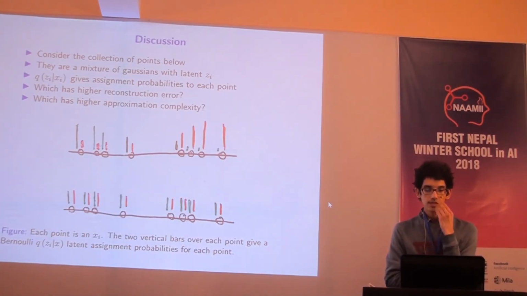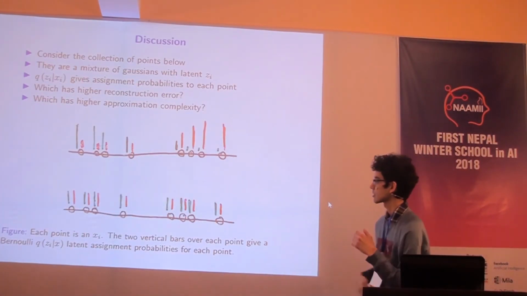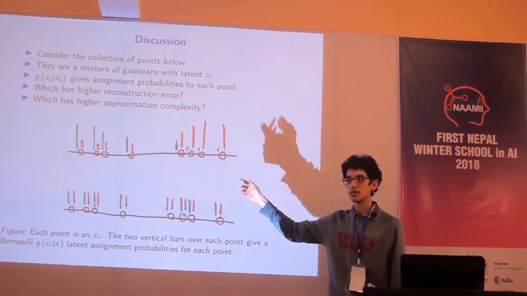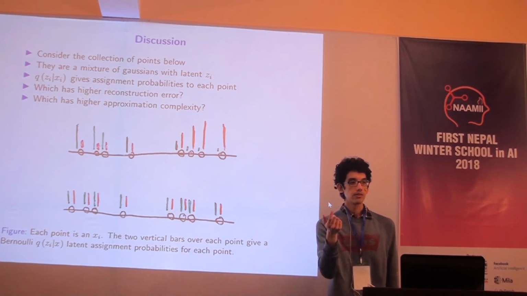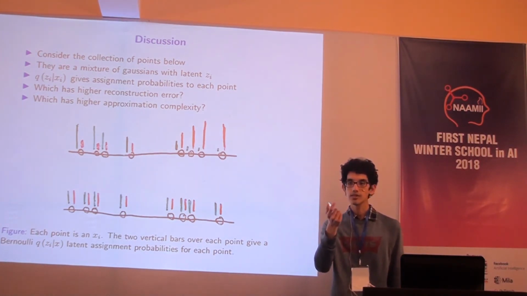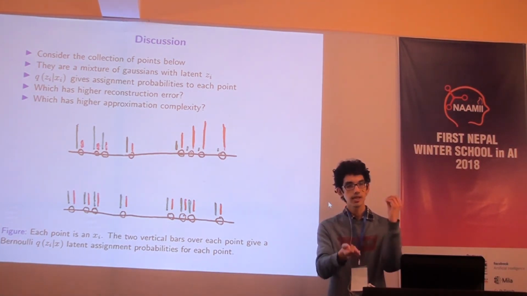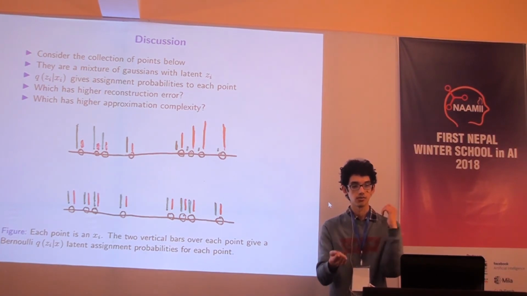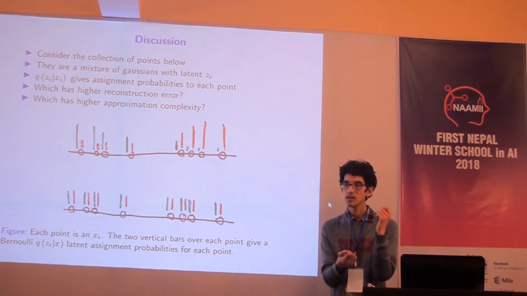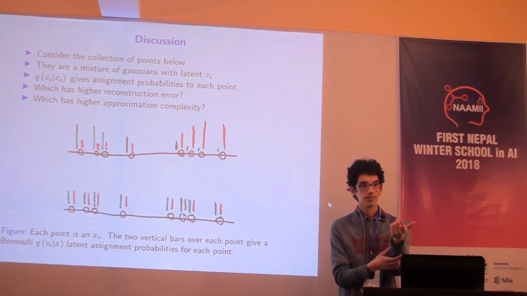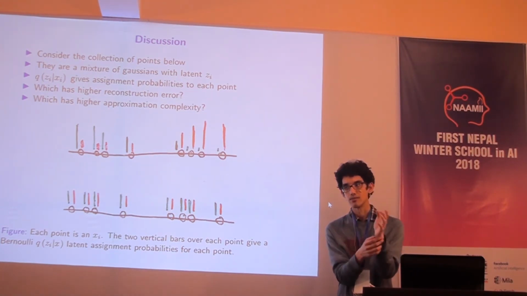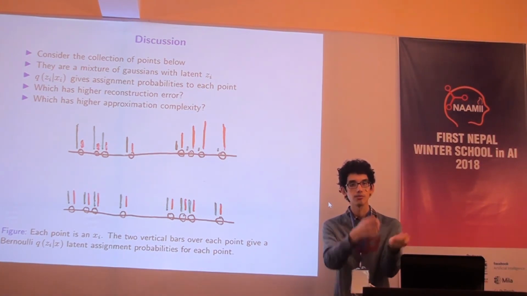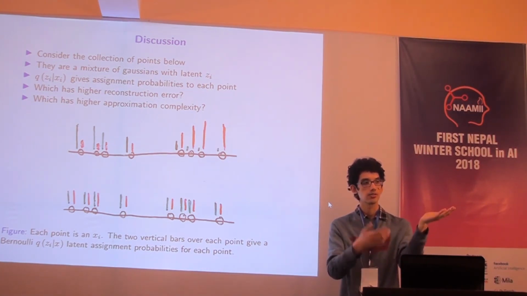Think about observing these points in one dimension. What is Q in this particular example? It's going to assign you to one of two categories, like red or green. And remember, Q is a distribution, so it's not a fixed assignment. It needs to be probabilities of being one class or the other. That's what the heights of the bars are.